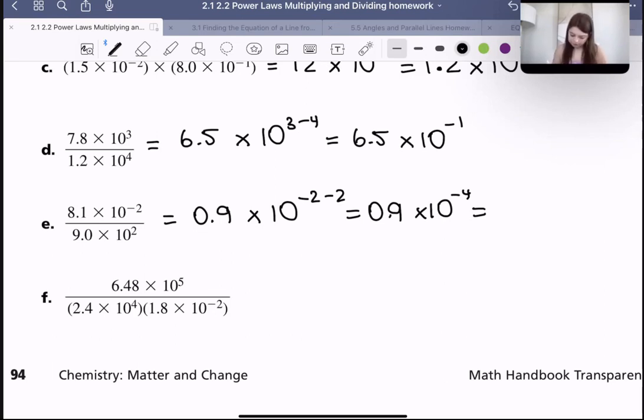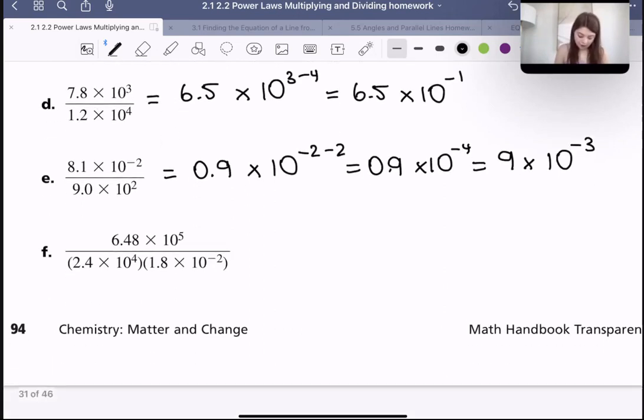So that's how I'm going to do 9 times 10 to a new power. So when we move the decimal point right, what are we doing essentially? We're multiplying by 10, right? An extra time. So that means it's going to be 10 to the power of negative 3. And there we go. There's our answer.